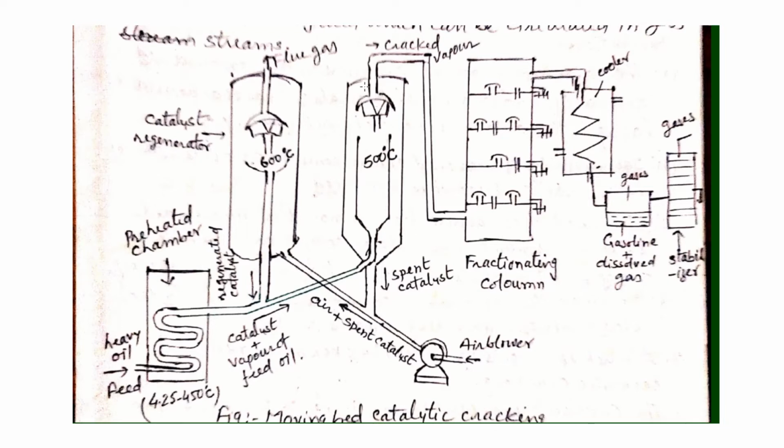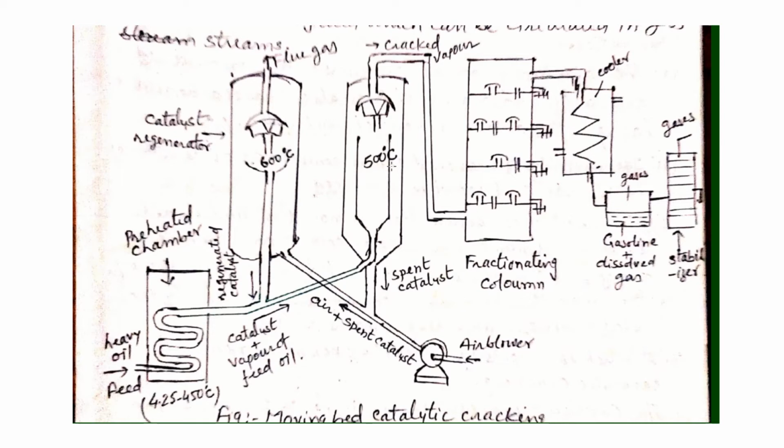As the hopper moves, the catalyst falls down through the holes towards the bottom, and while traveling from upward to downward it comes in contact with the vapors of the heavy oil.